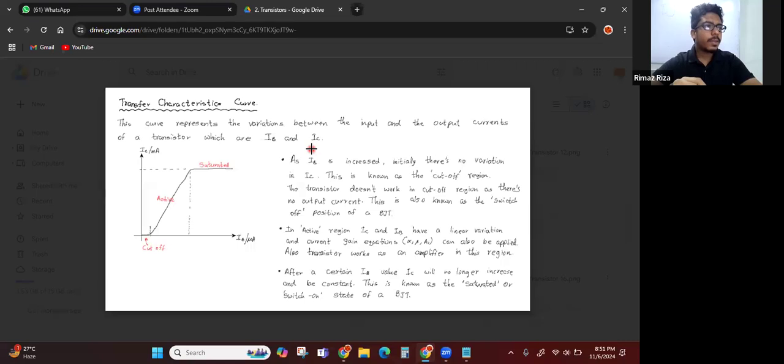Okay, thank you. Okay, so write down, under this curve represents the variation between input current and output current. So input current is IB and the output current is IC.